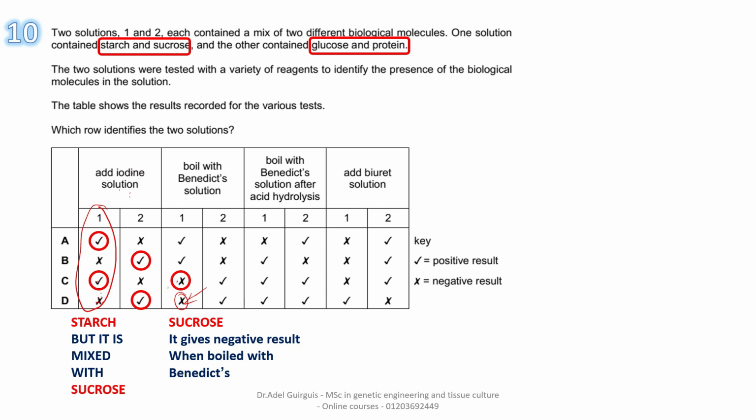What about double checking the other beaker that contains glucose and protein? Look, here number 1. Boil with Benedict solution after acid hydrolysis gives a positive result, where firstly it gives a negative result, but after hydrolysis, adding HCl, boiling, then neutralizing, then checking with Benedict solution and boiling, it gives a positive.